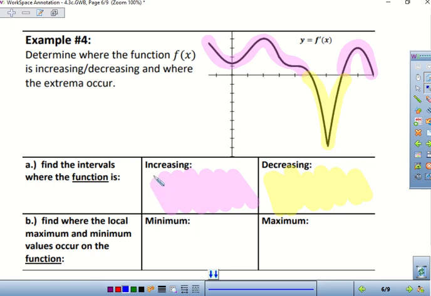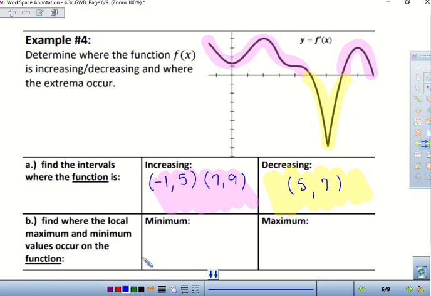We'll just say -1. So from -1 until we get to 5, and then 7 to 9 is increasing. And where is it decreasing? It's 5 to 7. Good job, Robert.